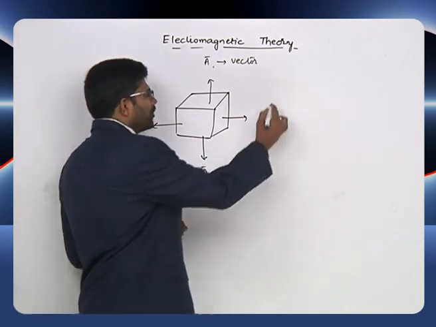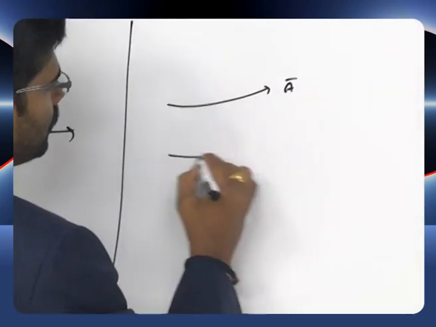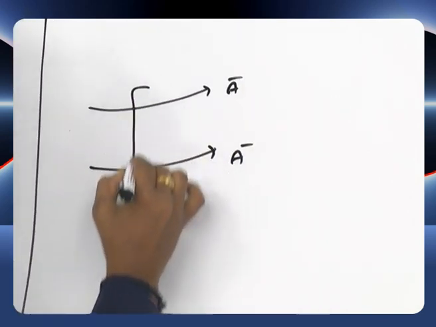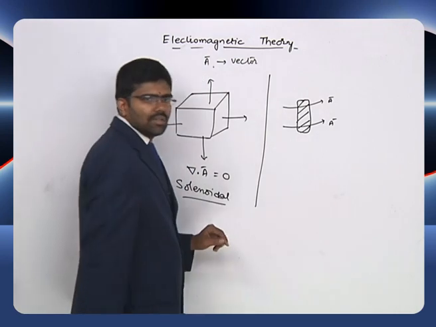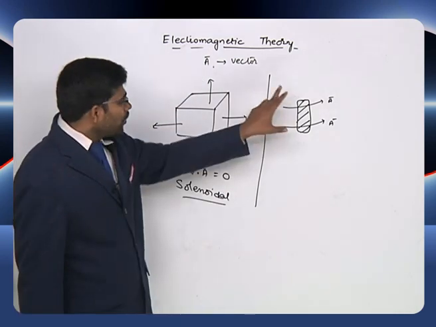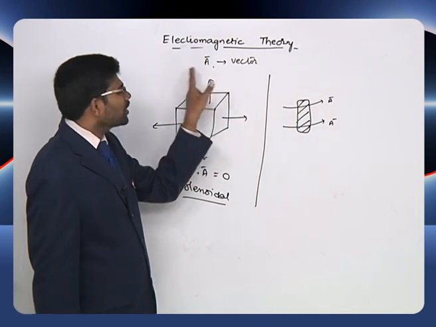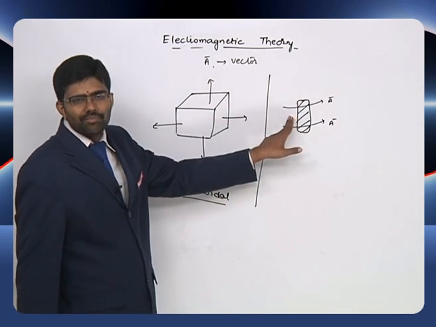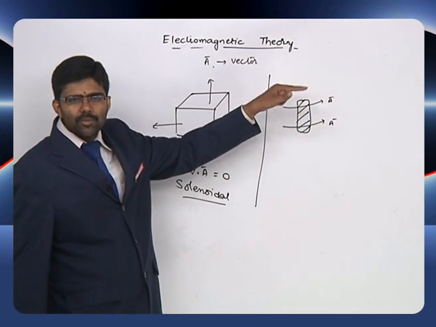In the same way, consider the field A bar. If it can rotate, how much rotation and in which direction it is rotating can be observed using the cross product, which is called curl. If you apply the curl to A bar, you can observe the rotational nature of that vector.